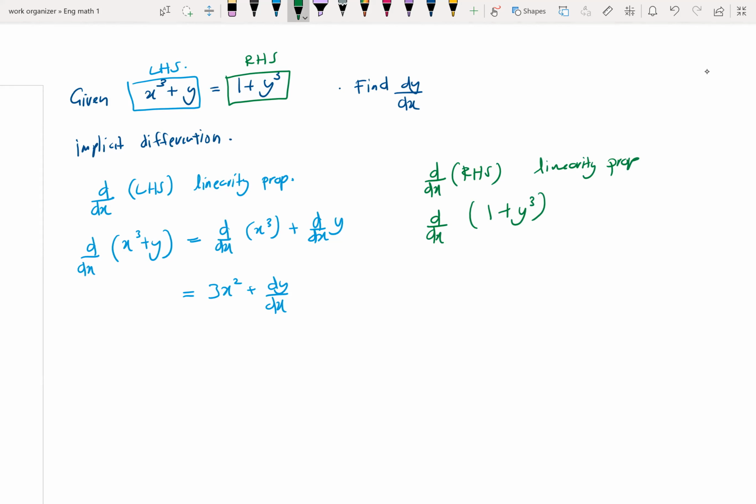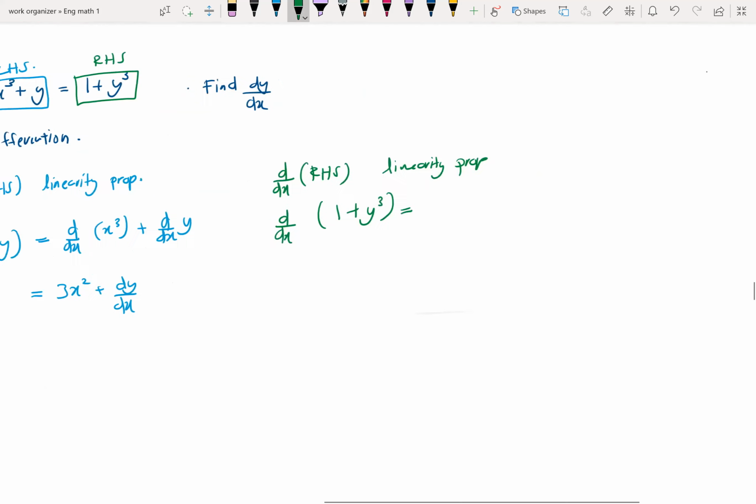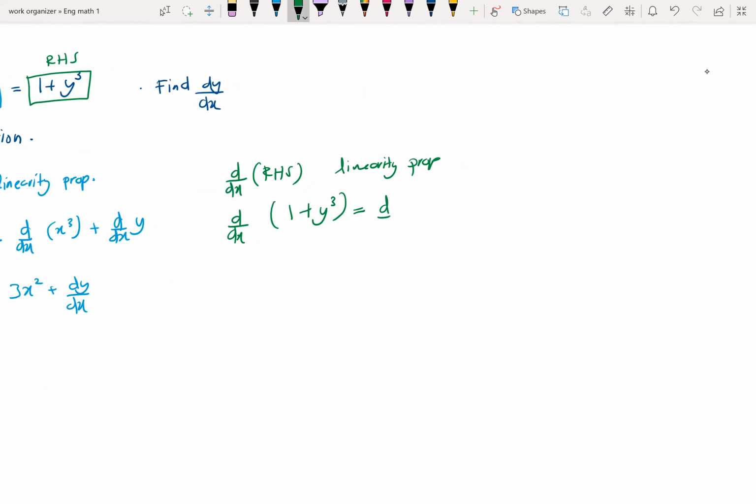We just do it one by one because it is linear, right? So 1 plus d dx of y to the power of 3. This one will become 0. And this one, notice that this is different.